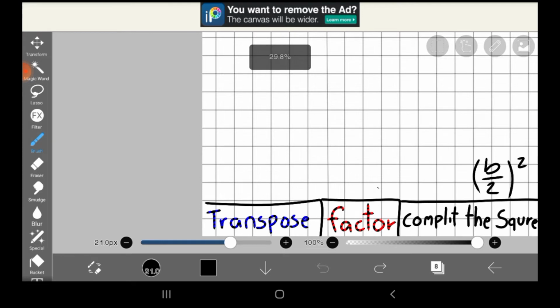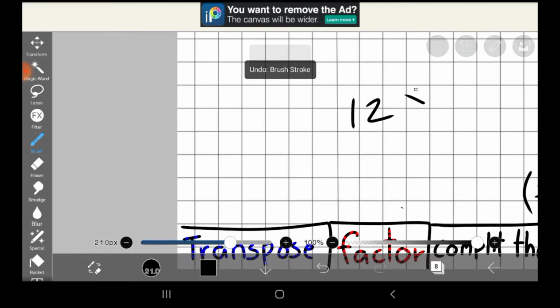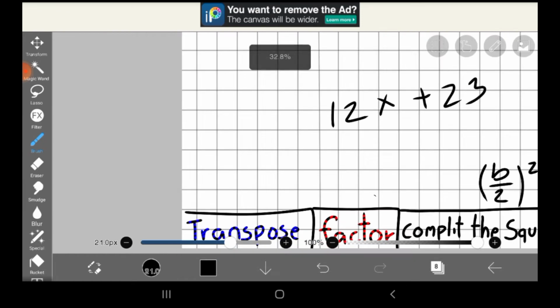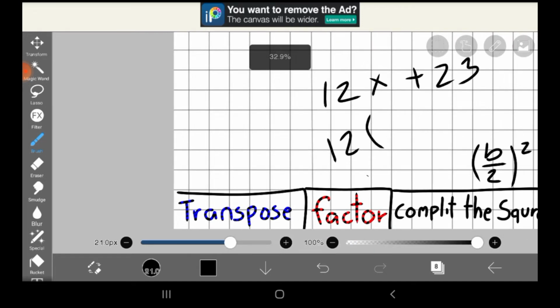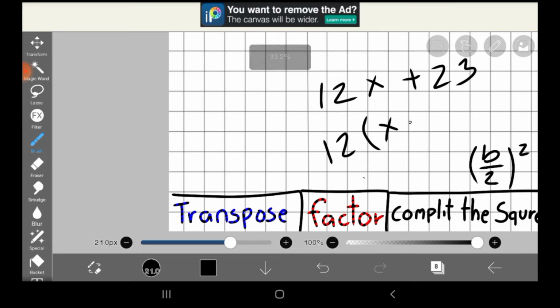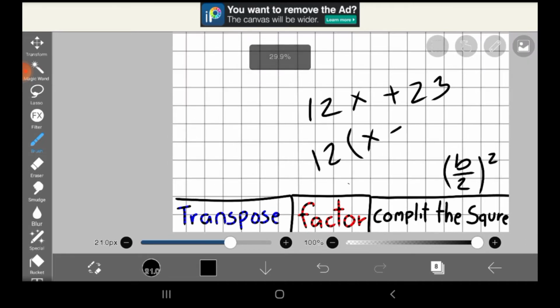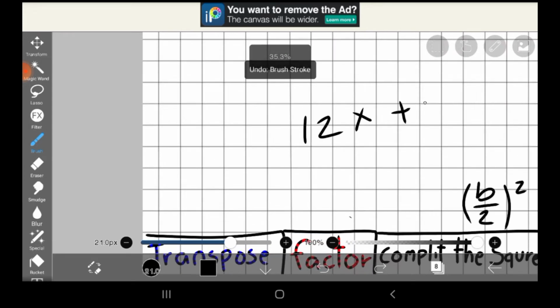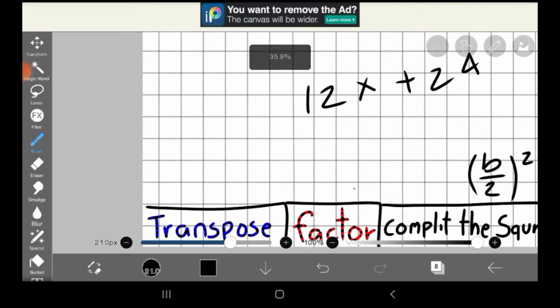Example, we have 12x and positive 23. How do we factor this? We divide both sides by 12 and then put 12 in the front, so x. Oh no, actually we can't factor 23, so it should be 24, my bad.